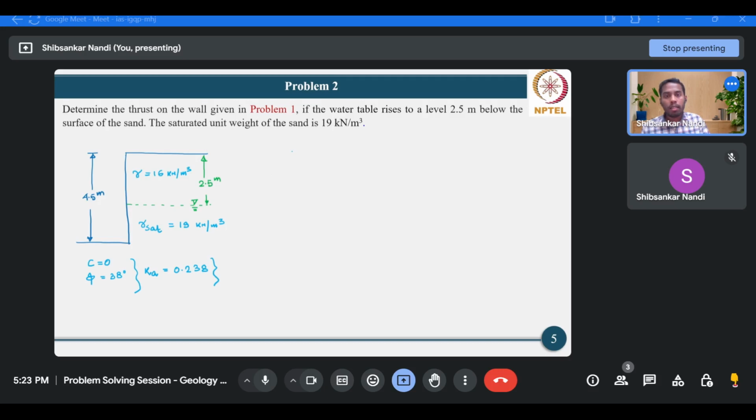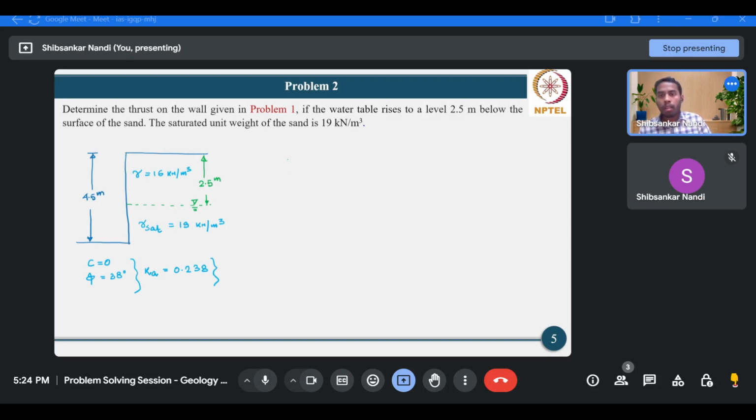In the first case, you can calculate the total pressure, calculate the pore water pressure, then deduct the pore water pressure from the total, so you get the effective pressure. In the second approach, you can directly calculate the effective overburden pressure by multiplying the submerged unit weight with the corresponding height or thickness, suppose h. We'll use the second one because it's straightforward and it will save our time, at least from the examination perspective.